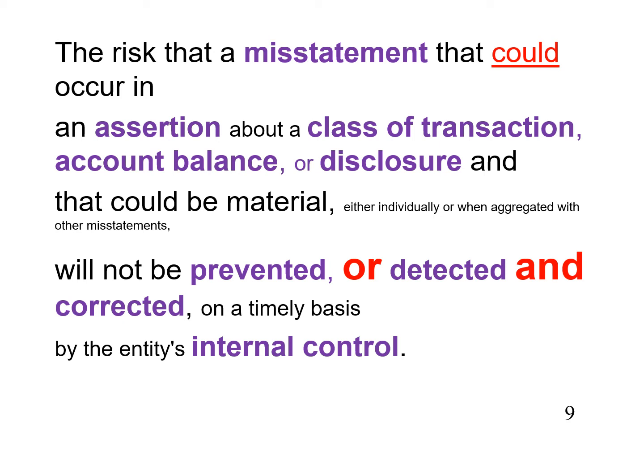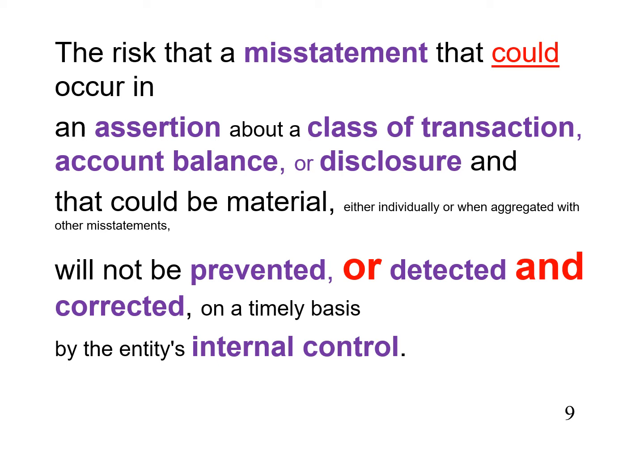Now you'll notice the "or" and "and" are highly emphasized here, and the reason they are is the client's internal controls can prevent a mistake. If they are designed to prevent mistakes, if there's no mistake, they will not need to correct them. So this is an "or".